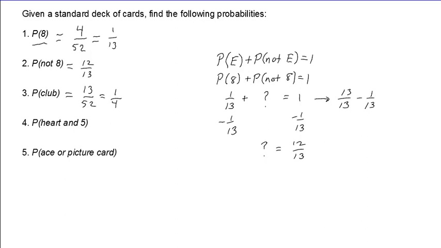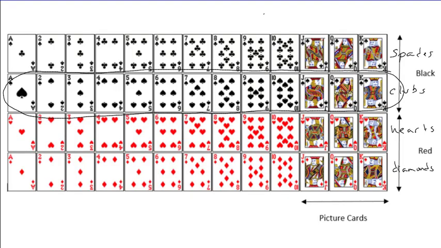Problem number 4 says, what's the probability of a heart and a 5? Now the word and means both those things at the same time. So I'm going to go back to my deck of cards, and I want to know how many cards are both a heart and the number 5.